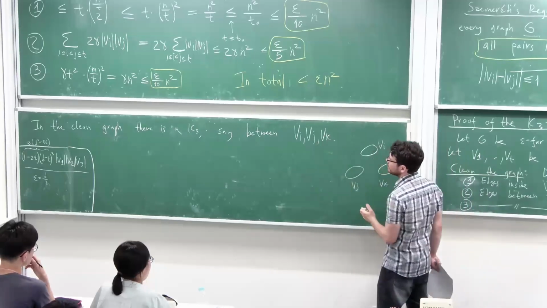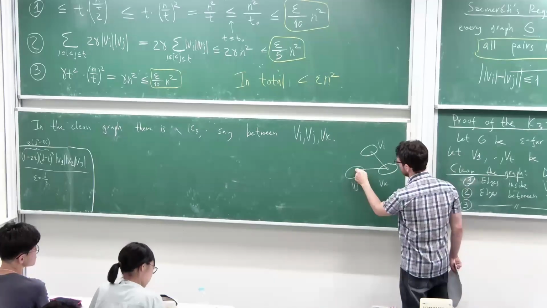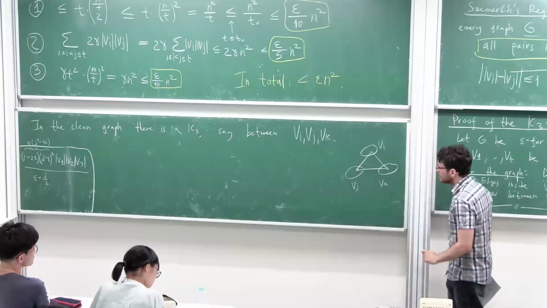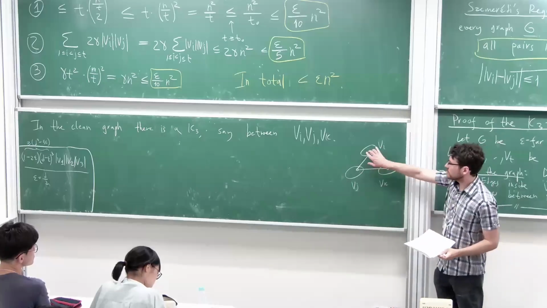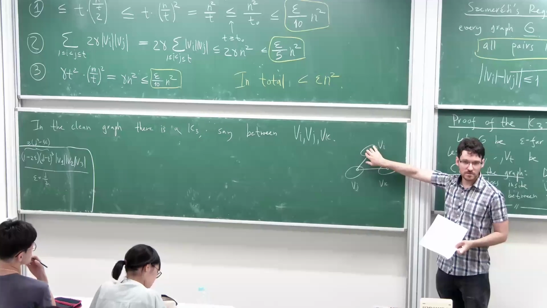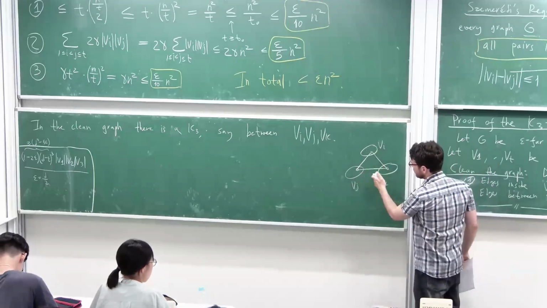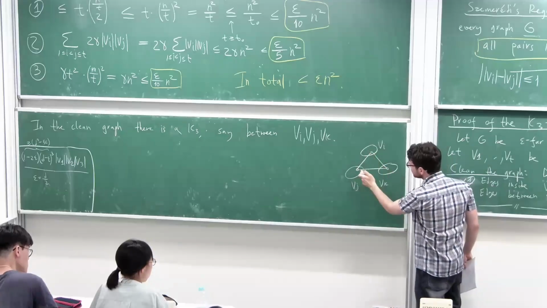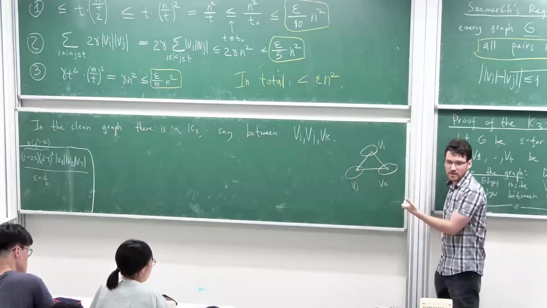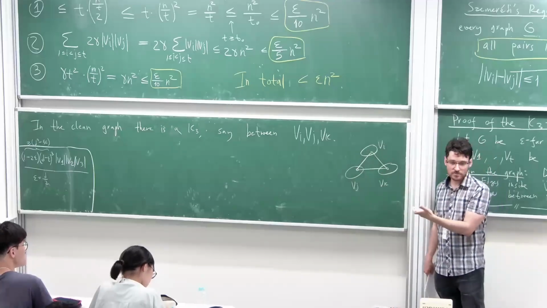So we clean the graph. After we clean the graph, there has to be still a triangle somewhere. Now it cannot have two vertices in the same set because we deleted all the edges inside. And so it has to go between some VI, VJ, and VK, and also all of these three pairs must be gamma regular and must be dense. Otherwise we would have deleted them.